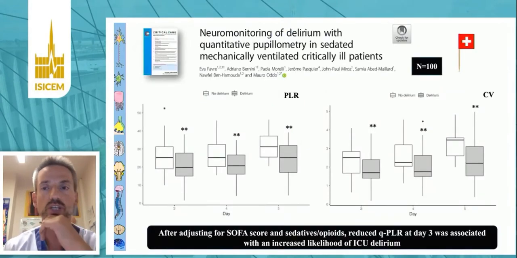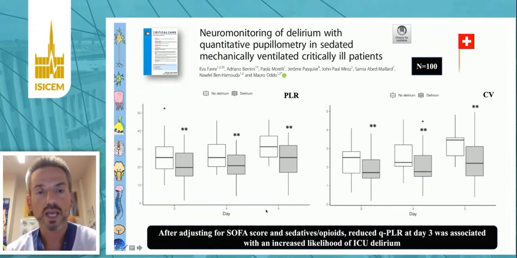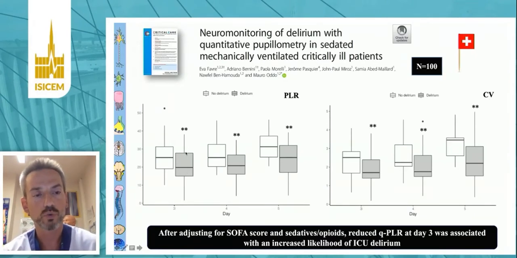Just to present some data, this is a study from Switzerland of 100 medical patients with mechanical ventilation, monitored by automated pupillometry. You can observe a lower pupillary light reflex constriction rate and lower constriction velocities in patients subsequently developing delirium when compared to patients without delirium.